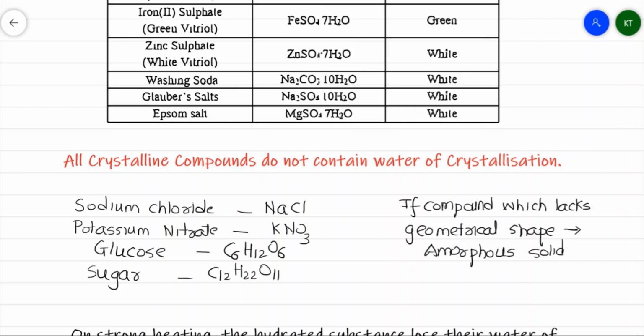Now see, sodium chloride we call a crystalline solid, but there are certain compounds which lack the geometrical pattern, and those are called amorphous solids.